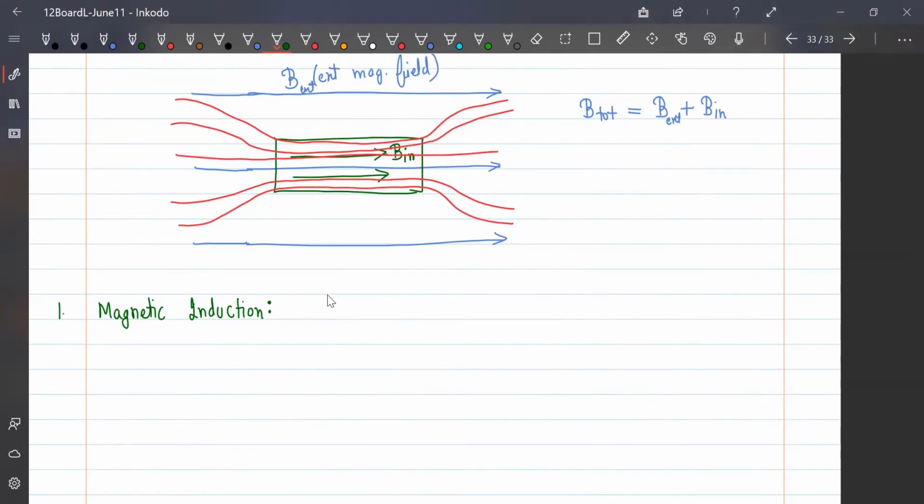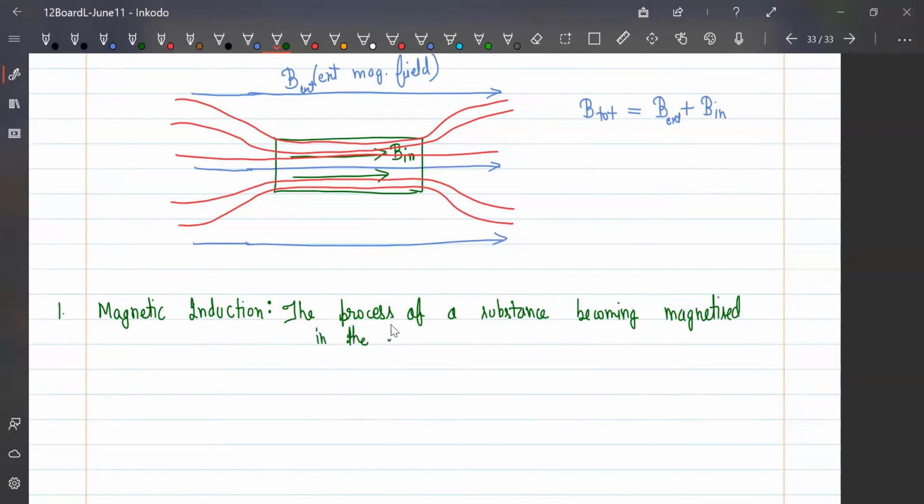The process of magnetization, or the process of a substance becoming magnetized in the presence of an external magnetic field, is called magnetic induction.